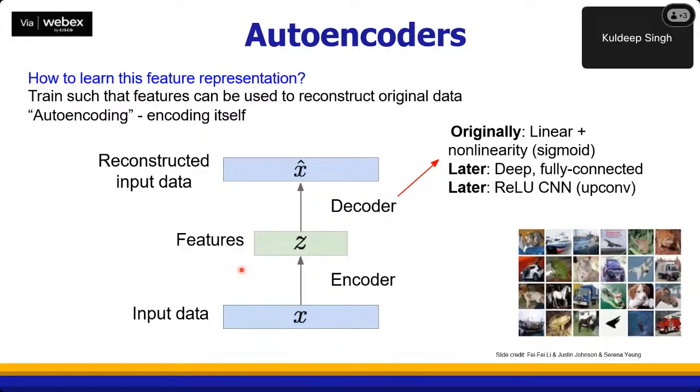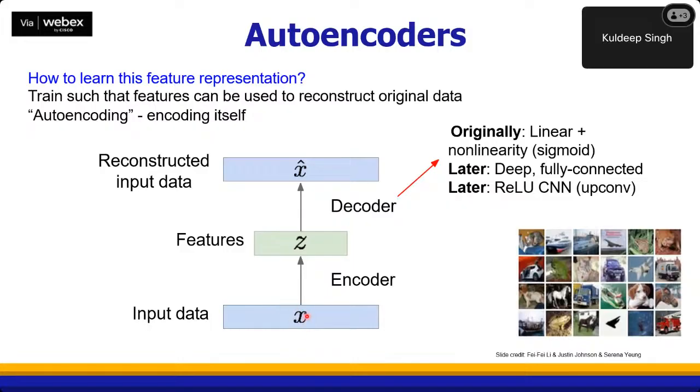Basically, we take these features which are produced by this encoder based on the input data. Then we use a decoder as a second network which will be able to output X cap, which is the estimation of the input data.